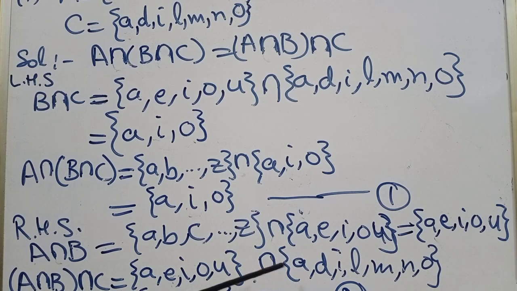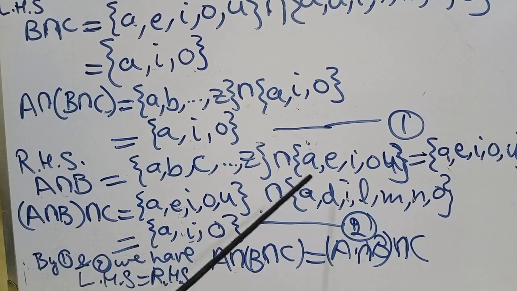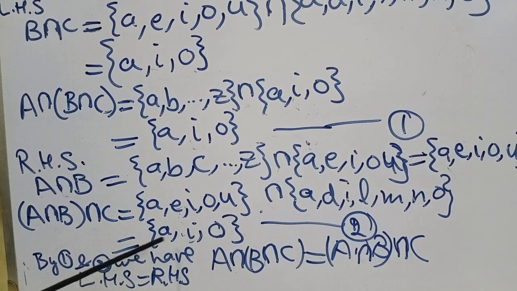In these two sets we observe that the common elements are A, I and O. So this is equation number 2.